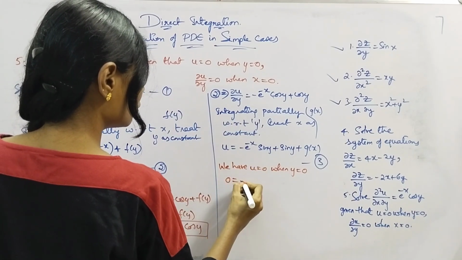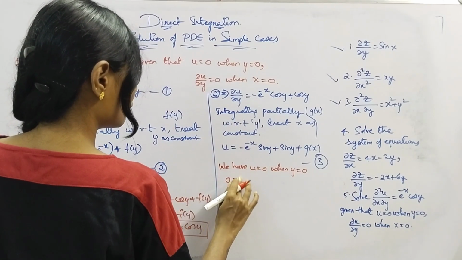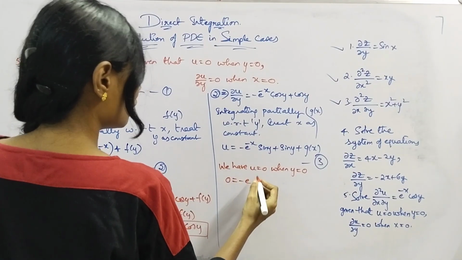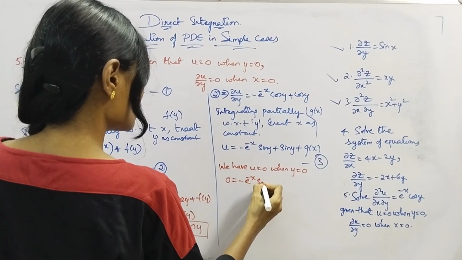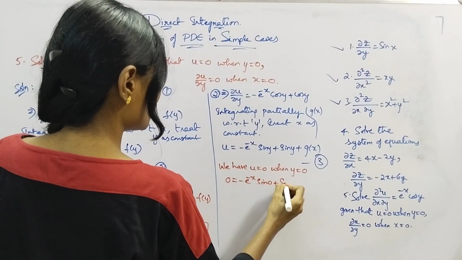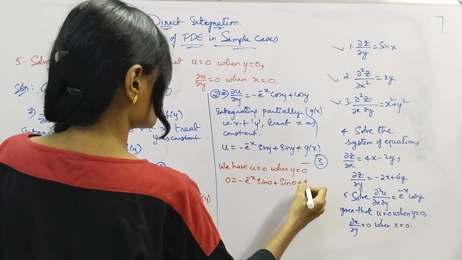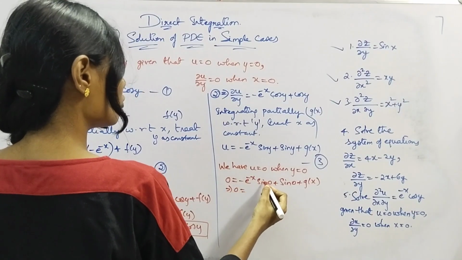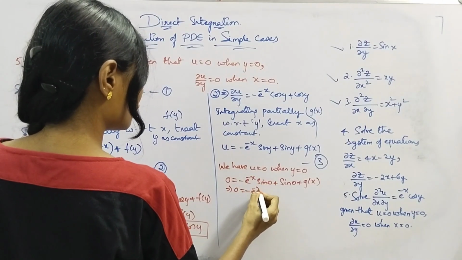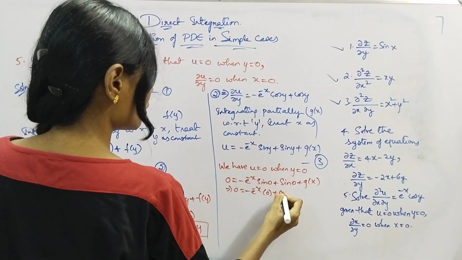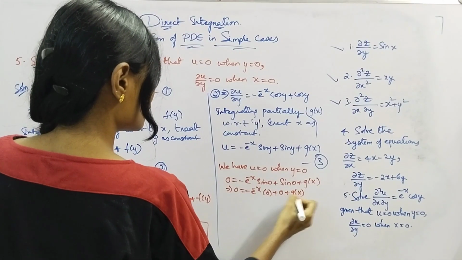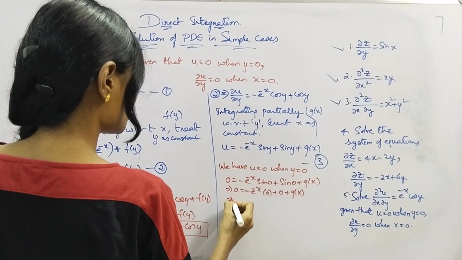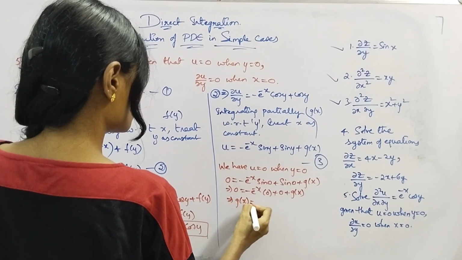You'll get 0 equal to minus e power minus x sin 0 plus sin 0 plus g of x. The sin 0 value is 0, right? So 0 plus 0 plus g of x. This gives us g of x equal to 0.